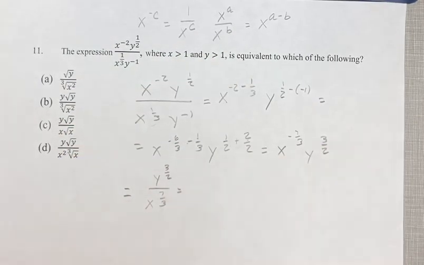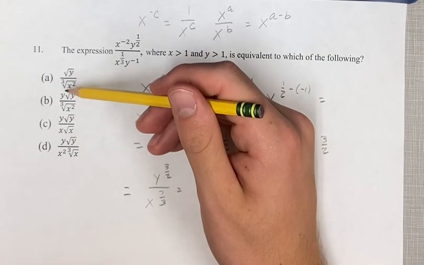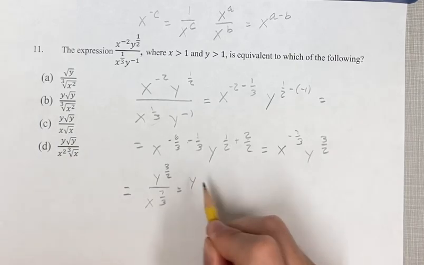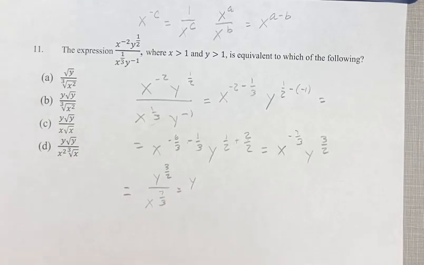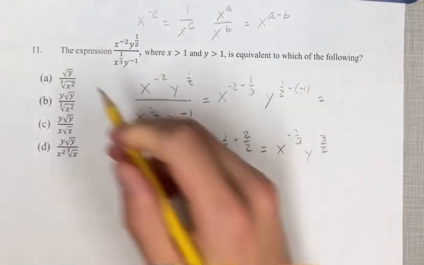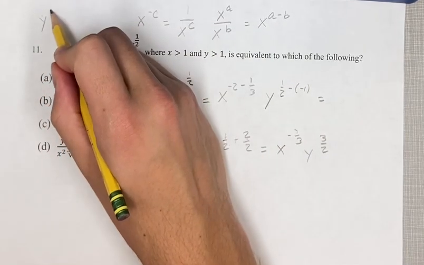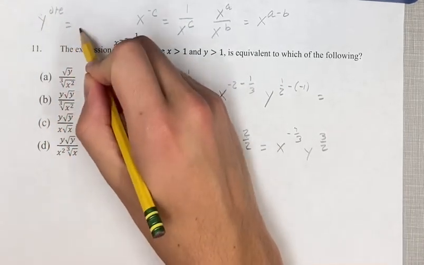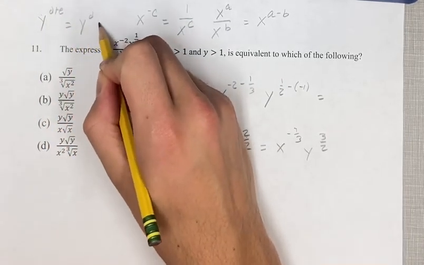So y to the 3/2 needs to look like one of these y's. So let's pull out one of the y's. We have to use another rule. If we have y to the d plus e, this is equal to y to the d times y to the e.